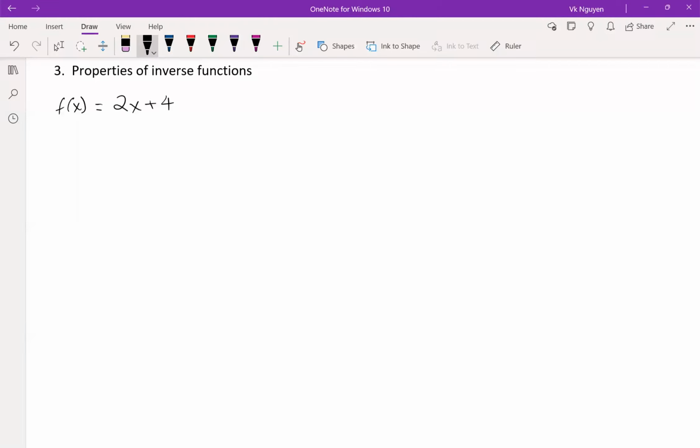And we can figure out the inverse by rewriting f(x) as y equal 2x plus 4. And then remember the inverse switches x and y. So we switch x and y, and solve for y.